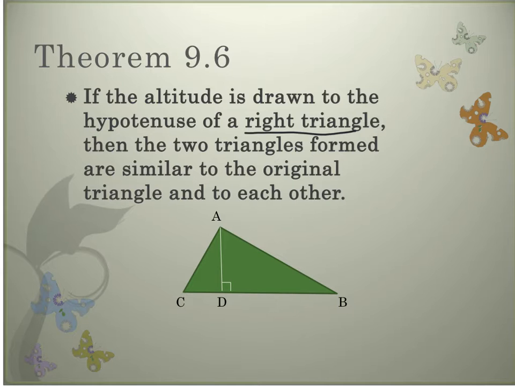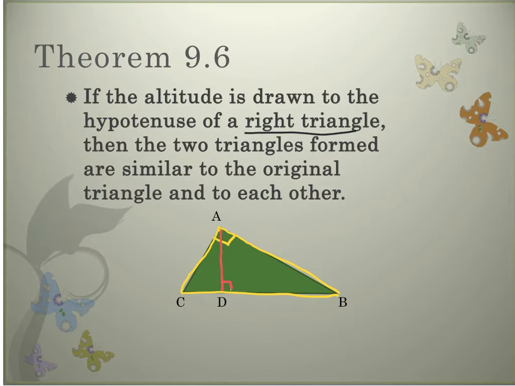So the original triangle here must be a right triangle. So the original triangle is triangle ABC. Soon as you drop in this altitude, it forms two more smaller right triangles. So I have this little one here.